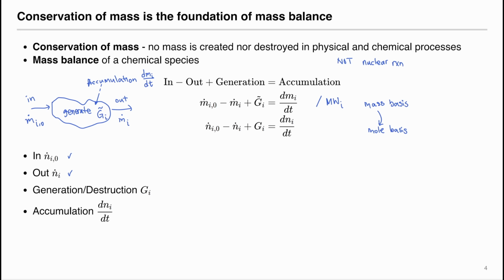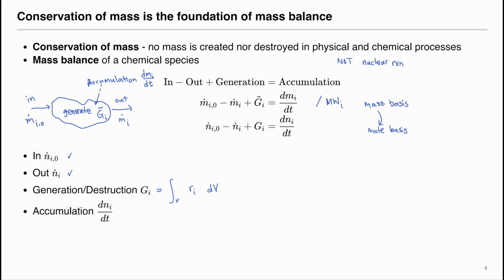The generation term can be related to the reaction rate per unit volume, R of I. And because we're not assuming the reaction rate is uniform across the volume, we need to integrate it across the whole volume to get the generation and destruction across all the volume.